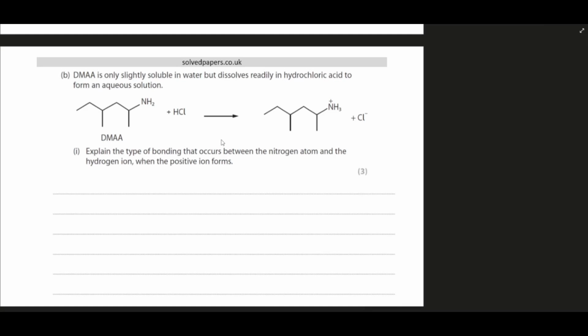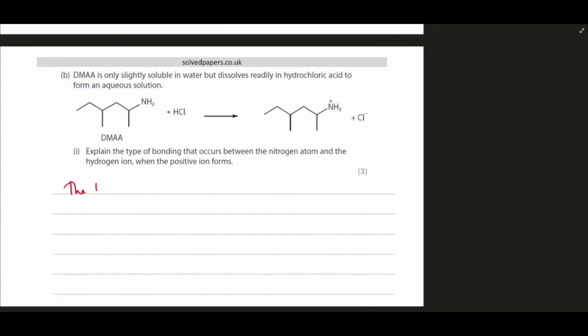First of all, you need to understand one thing. The hydrogen ion has an empty orbital and the nitrogen atom has a lone pair of electrons. So what type of bond do you think gets produced? A dative covalent bond, right?